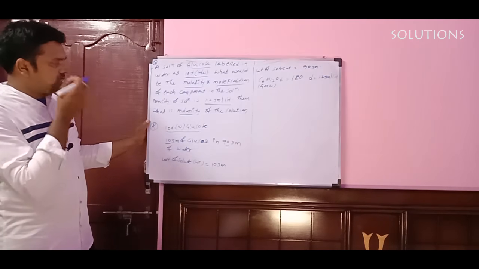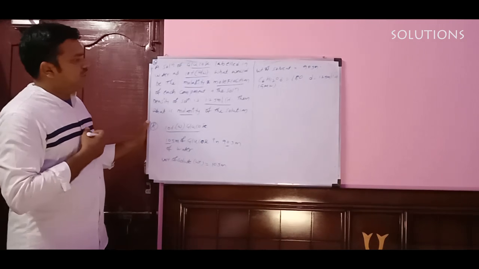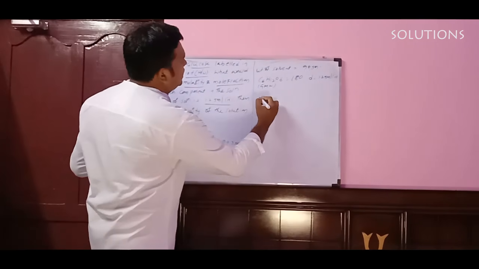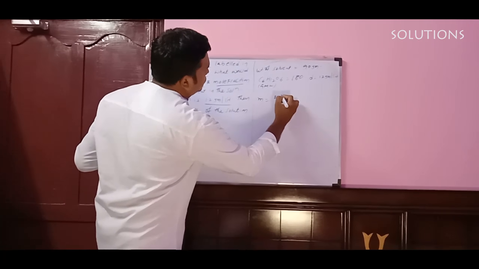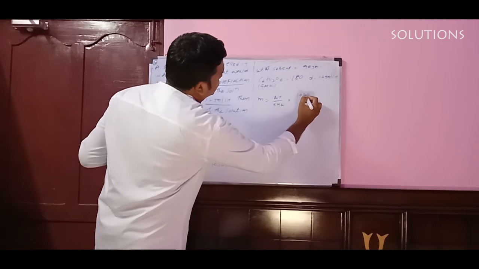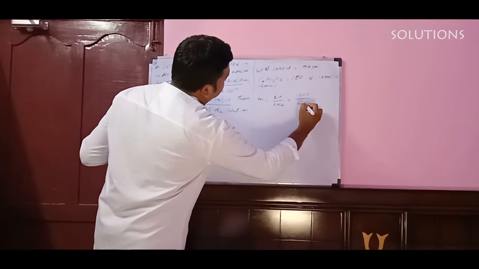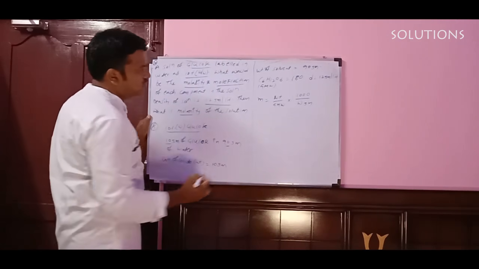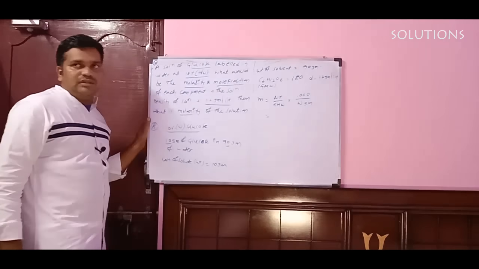Okay, so let us see the first one. We have to find the molality. You know the formula: molality is equal to weight by gram molecular weight into 1000 by W in grams. All of you know this formula.